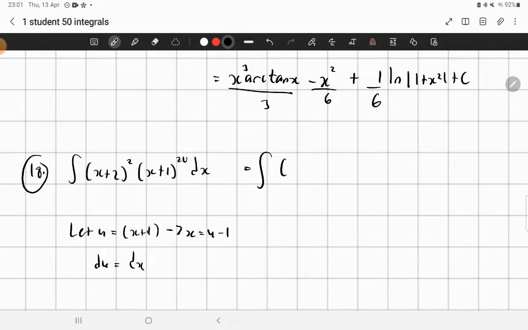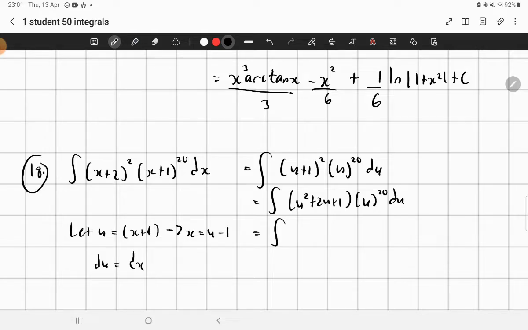So we could express every x term with u. The first one will be u plus 1 to the power of 2 times u to the power of 20 du. By expanding the first term, it will be u squared plus 2u plus 1 times u to the power of 20. Now by expanding everything, you have u to the power of 40 plus 2u to the power of 21 plus u to the power of 20 du.